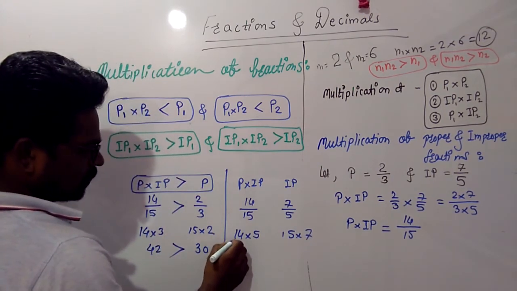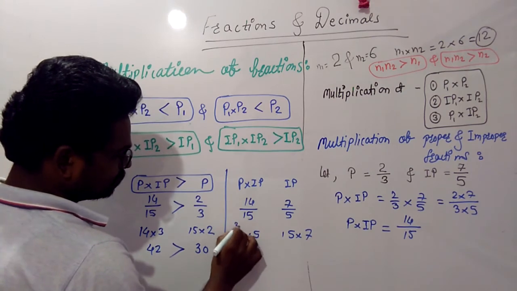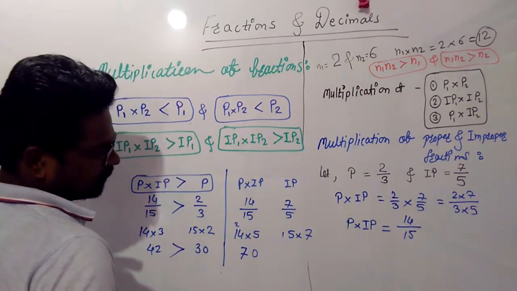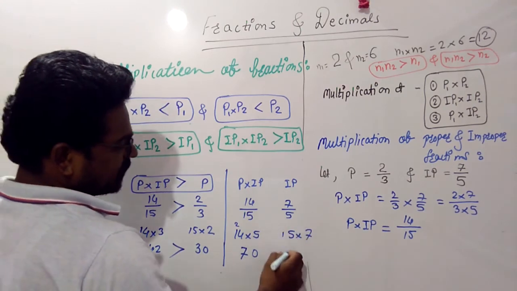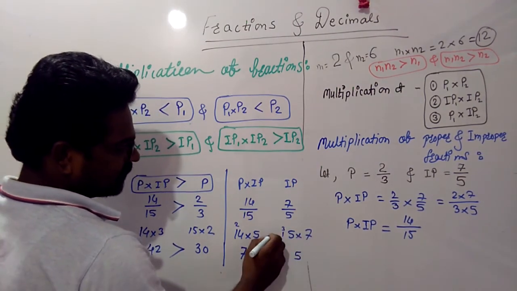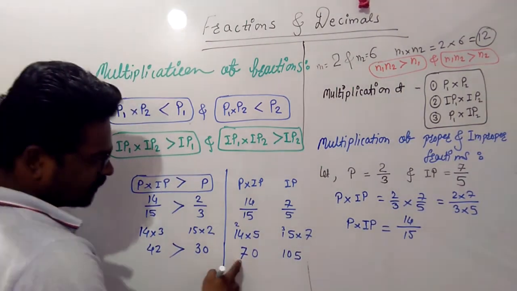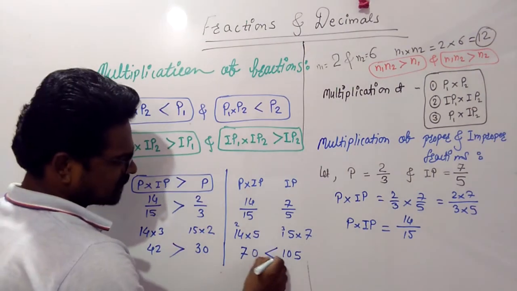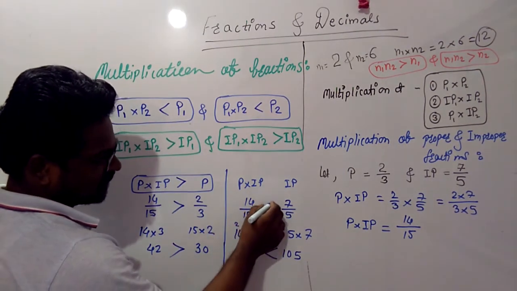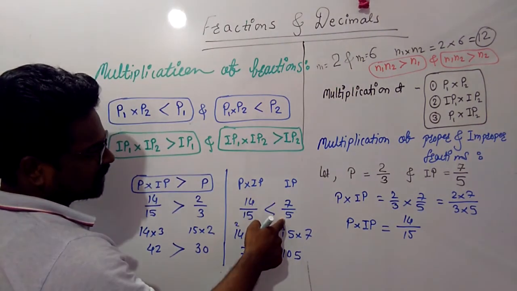Now we'll do the multiplication. 5 4s are 20, 2 carry, 5 1s are 5 plus 2, 70. 7 5s are 35, 3 carried, 7 1s are 7 plus 3, 10, so 105. Which one is larger? 105 is larger. So can we say this 7 by 5 is larger than this 14 by 15? That means 14 by 15 is smaller than 7 by 5.